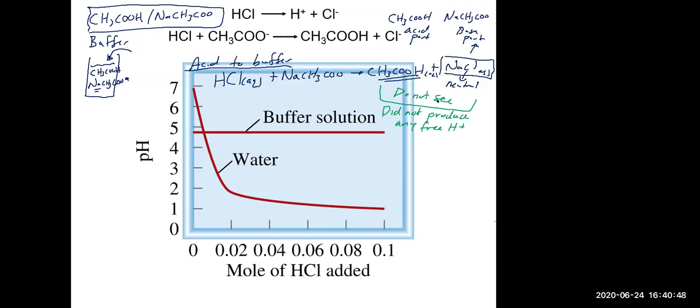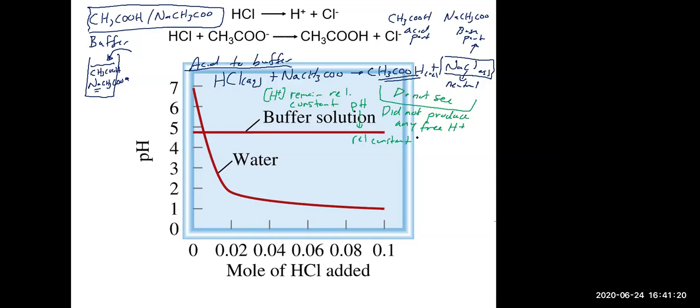So why is that important? That is important because if we didn't produce any free H plus, that means that the concentration of H plus will remain relatively constant. And that is important because if we keep the H plus concentration relatively constant, that in turn should keep our pH relatively constant.